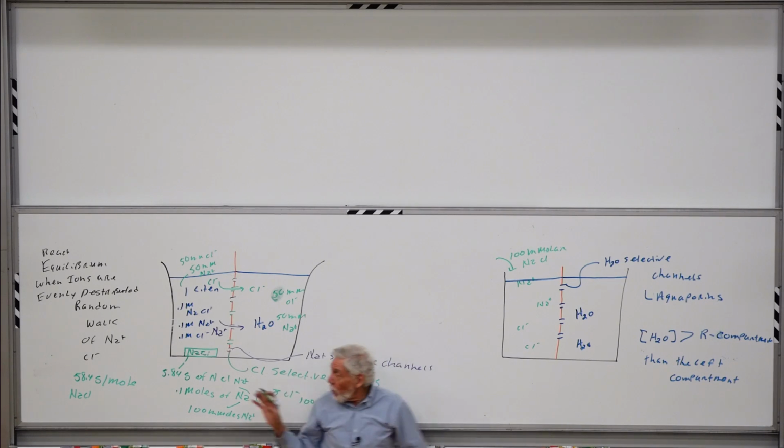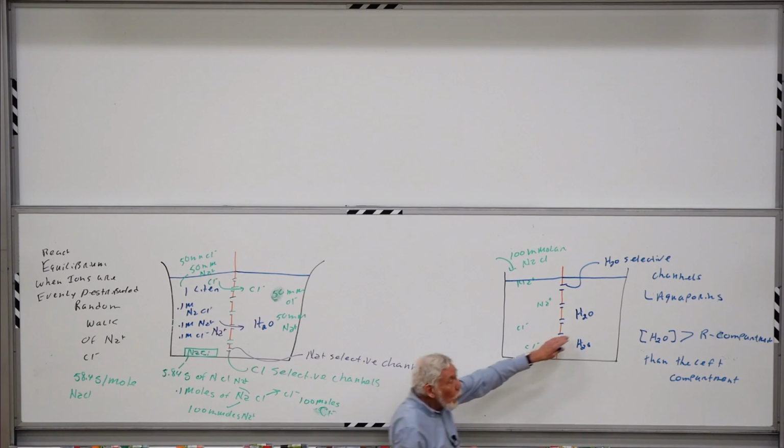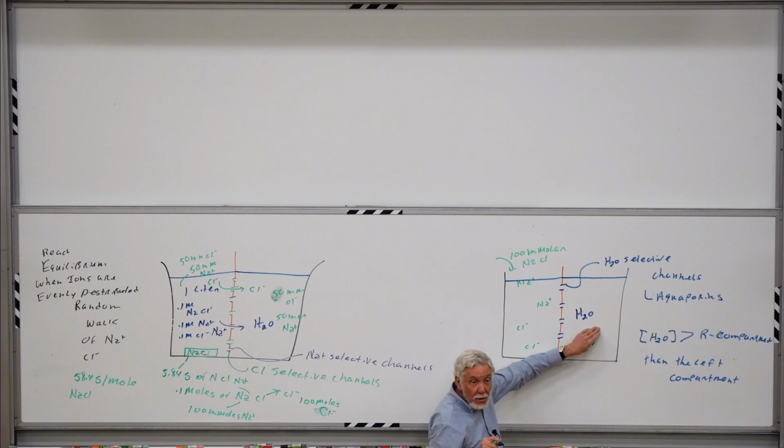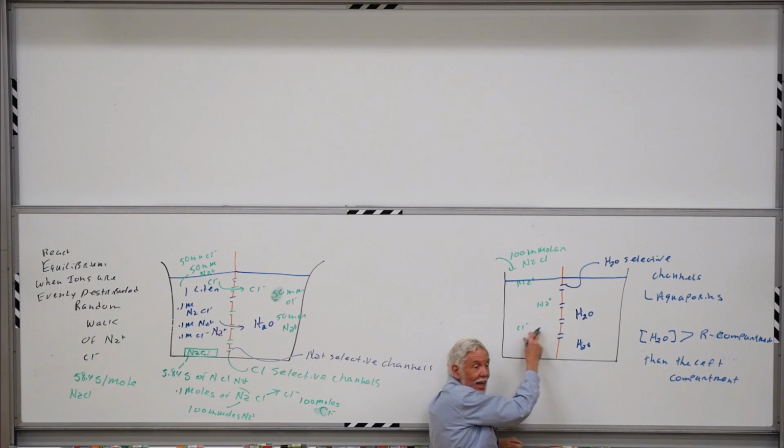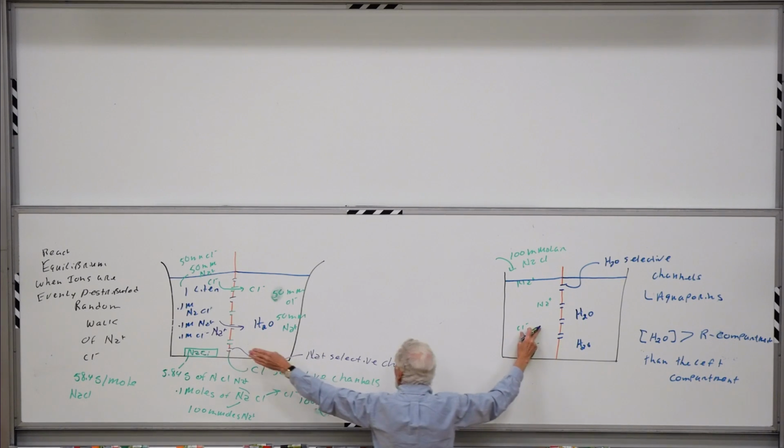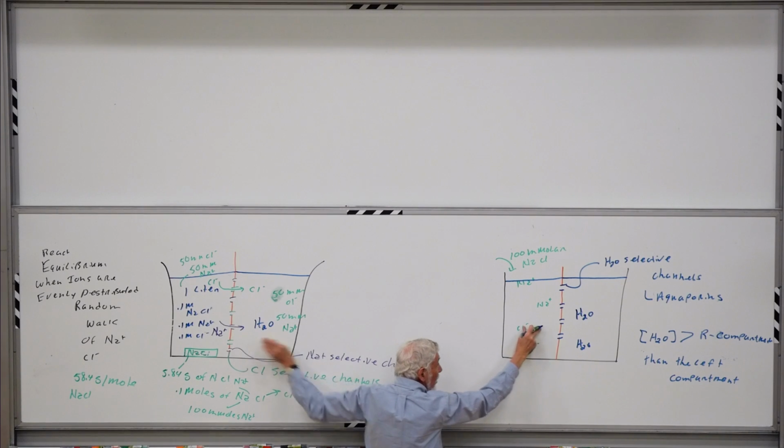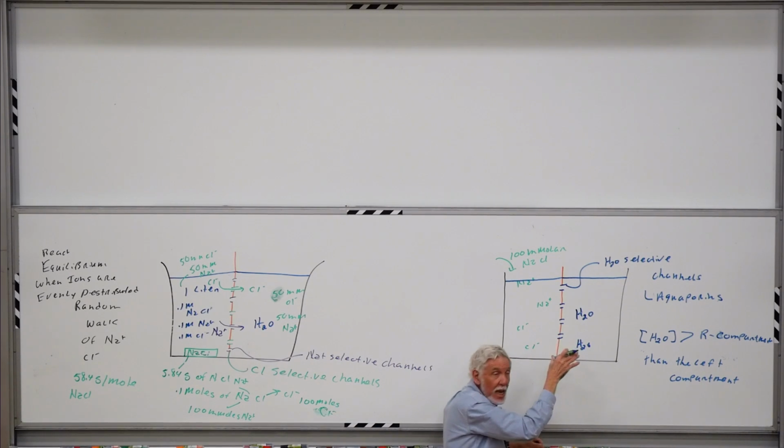From what we've talked about, what's the direction of movement of water? It's got to go right to left. It moves from a region of higher concentration into lower concentration. Where we were emphasizing the difference in concentration of ions, now we're turning the argument on its head and talking about a difference in the concentration of water.